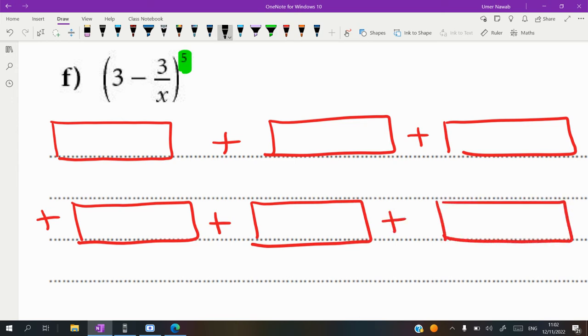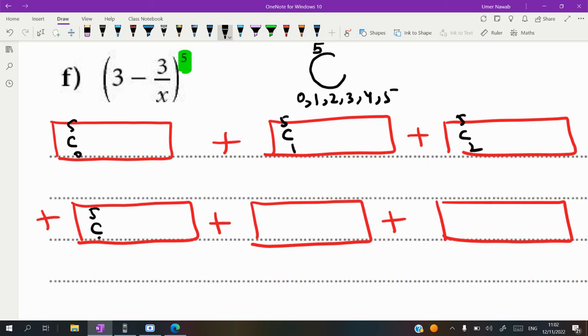What I'm going to write for the binomial coefficient 5 here, what are the possible values of r? 0, 1, 2, 3, 4, and 5. So 6 terms: 5C0, 5C1, 5C2, 5C3, 5C4, and 5C5.